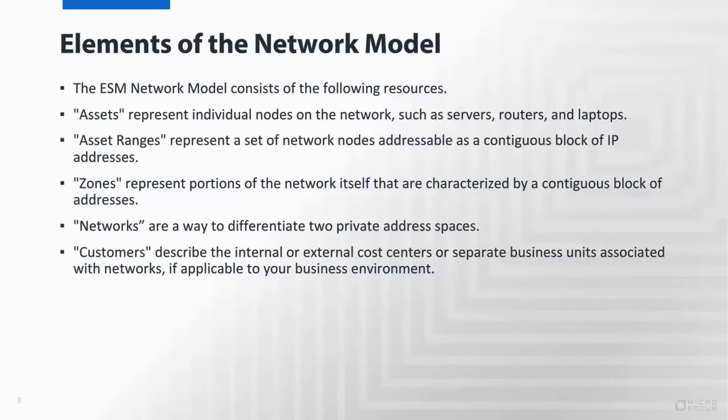Zones get into the actual portions of contiguous IPs within the networks. Asset ranges are used to represent a group of nodes, nodes being the individual assets that exist within the environment, such as a server, a desktop, etc.